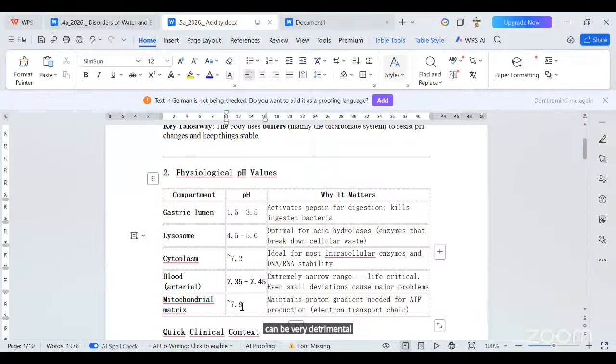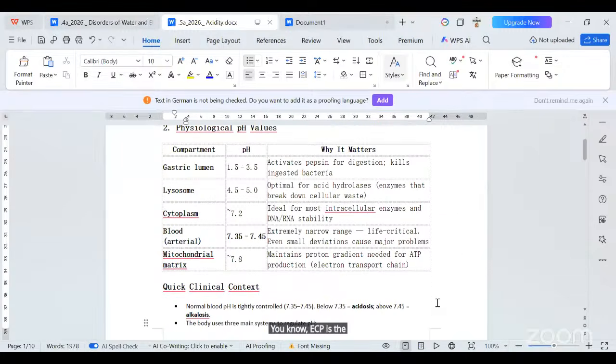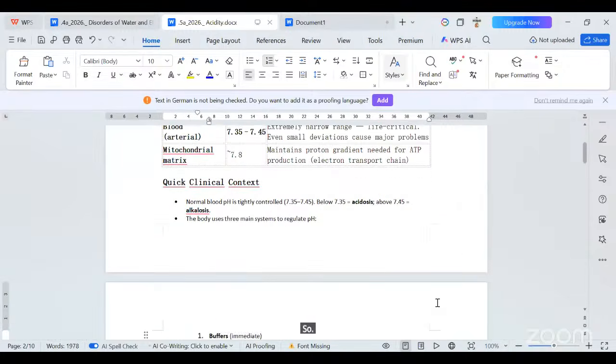Then the mitochondrial pH is 7.8, and this is to maintain the proton gradient needed for ATP production. You know, ATP is the energy currency of the body. So all of these are tightly regulated, and a little shift in pH is not good for the body.